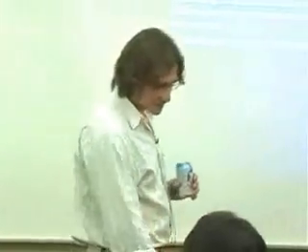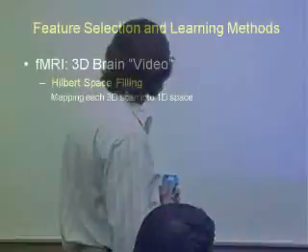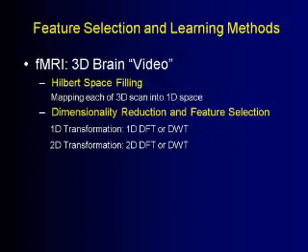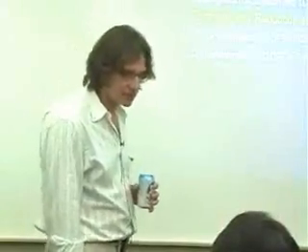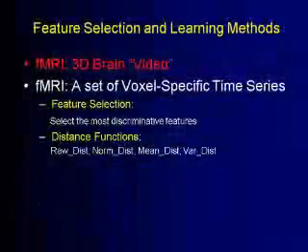So we used Hilbert curves to come up with a way to linearize the 3D space so that we can get some neighborhood effect. So each 3D scan becomes a vector. Then there is some dimensionality reduction and feature selection happening, and then classification.